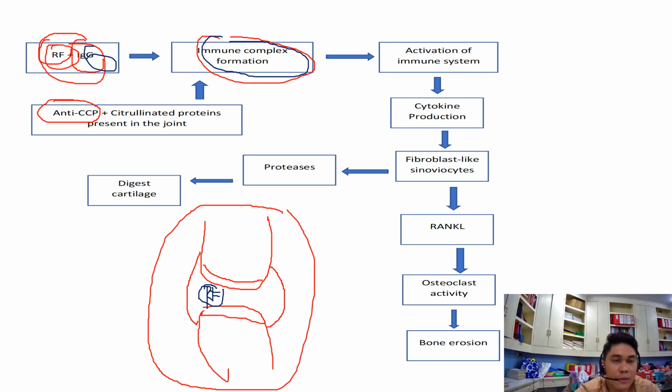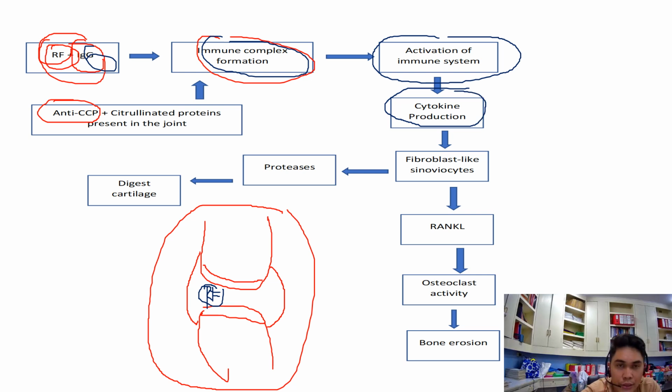Once there is immune complex formation, the next step is the activation of the immune system, and then cytokine production. With cytokine production, you have increased production of fibroblast-like synoviocytes in the synovial membrane.